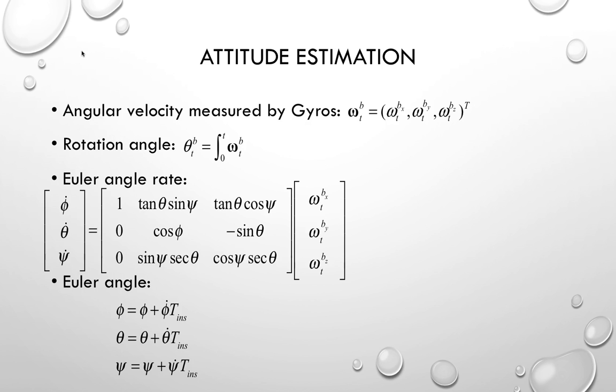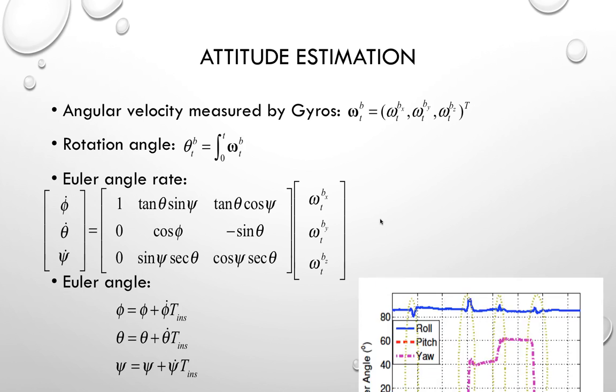The gyroscope measures the angular velocities, which we name omega t in the body coordinate. Performing the integration, we can get the rotation angle. Using these equations, we can get the Euler angle rates, then perform the integration to get the Euler angles of the smartphone, where the Euler angles are the attitude of the smartphone.